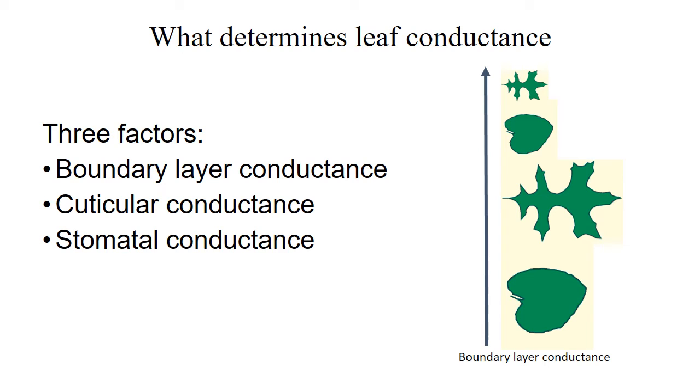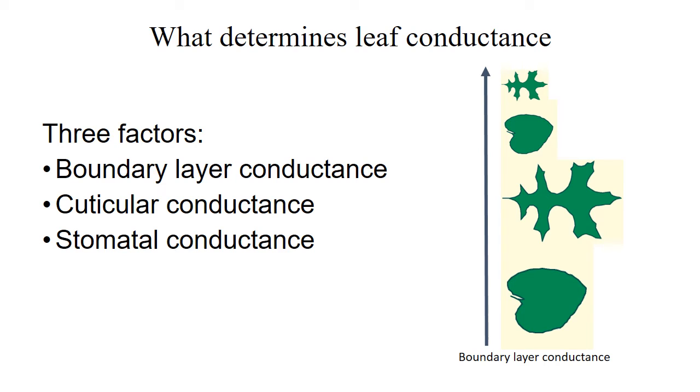So to explain boundary layer conductance, essentially any leaf will have a thin layer of air that immediately surrounds the leaf. And as water evaporates from the leaf, that layer of air becomes more humid, and it forms a barrier preventing or slowing the rate of transpiration from the leaf.